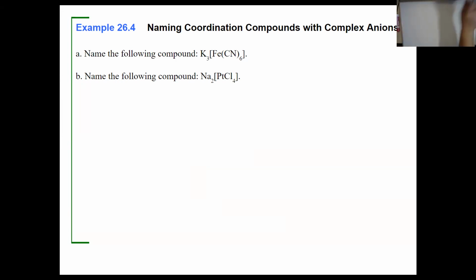The rest of this process is going to end up being the same. Okay, so we have K3[Fe(CN)6], and then we're going to have Na2[PtCl4].